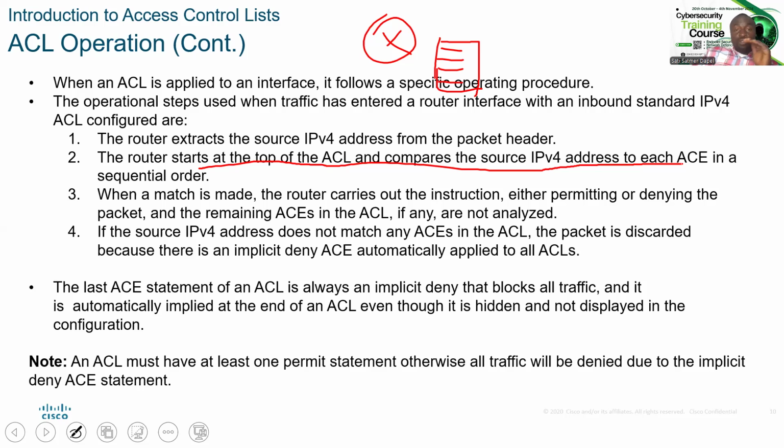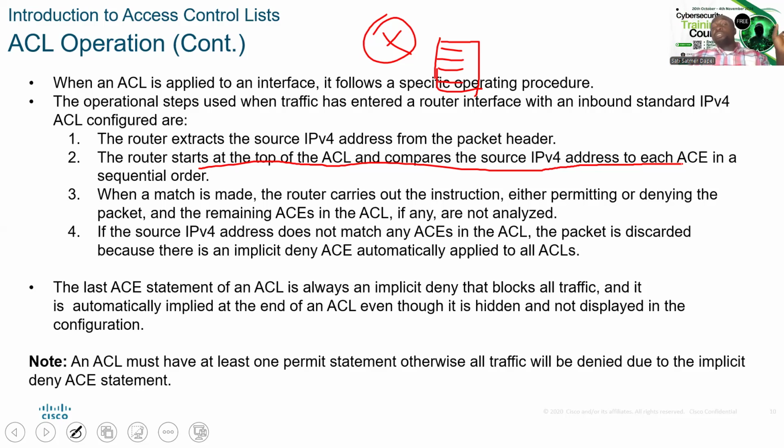For example, you say any traffic coming from marketing, block it from going to insurance, or any packet coming from natural science, don't allow it to go to engineering. Those are the statements you are putting. So when the traffic comes, it uses that IP address to check where the IP address is coming from.